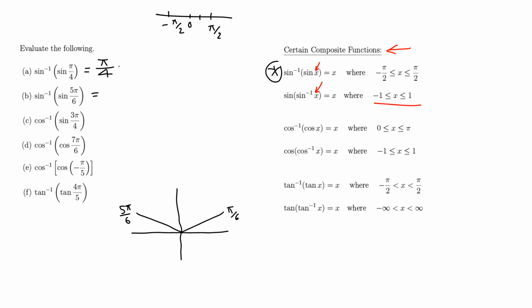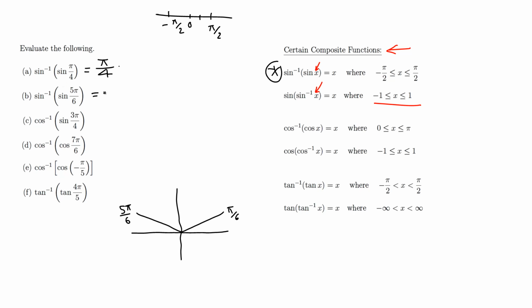As we know, when we studied the unit circle, sine of 5 pi over 6 has the same value as sine pi over 6, because sine is positive in both quadrants.